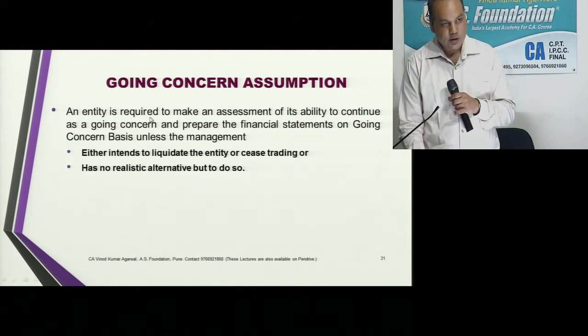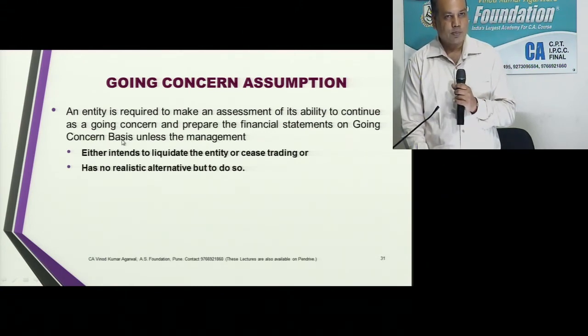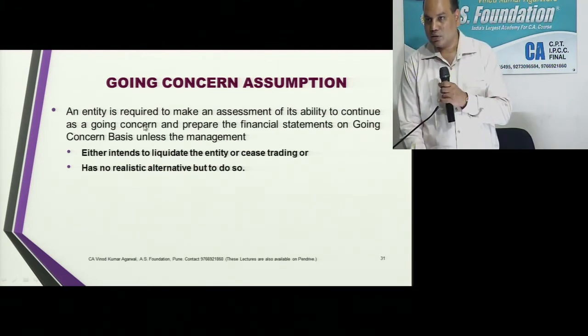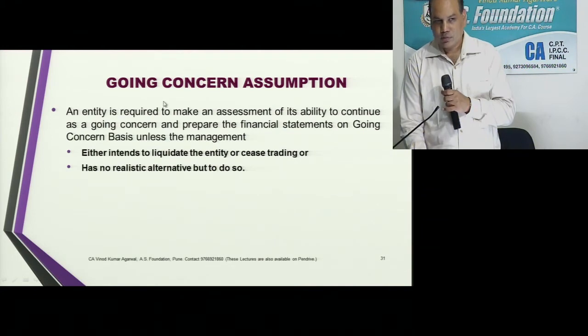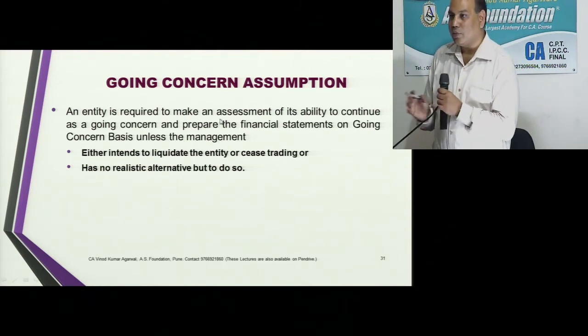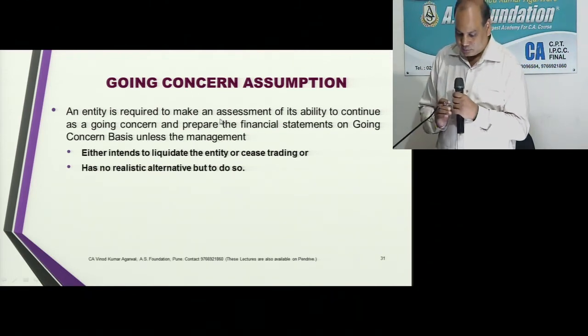If it is going concern, then you apply all Ind AS, especially where historical cost-based accounting is required, like in property, plant, equipment standard. You can continue to do accounting of property, plant, equipment at historical cost. If you are going concern, follow historical cost accounting. But if your company is no longer a going concern, then we deviate from the traditional accounting method.